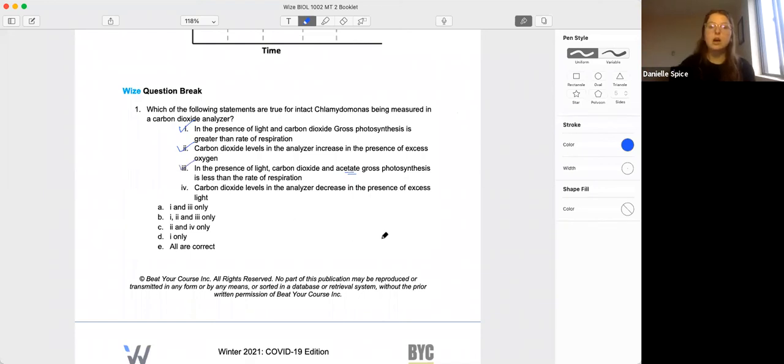So 3 is also correct. Number 4 states that carbon dioxide levels in the analyzer decrease in the presence of excess light. Well, likely they would do the opposite. They would likely increase. So 4 is incorrect, leaving us with answer choice B.